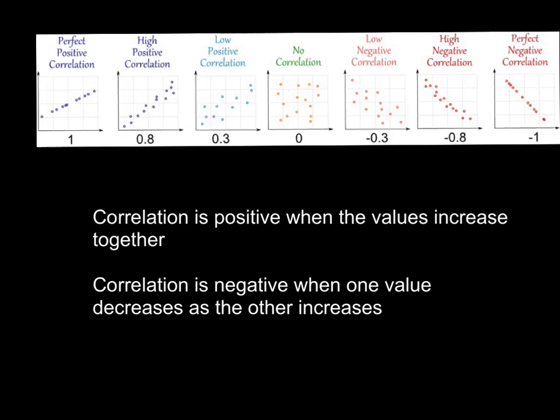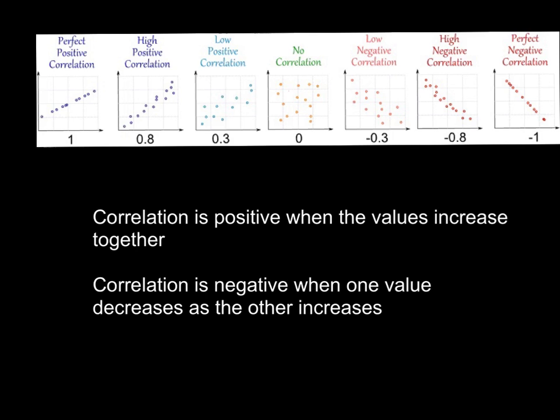All right, here's a visual display of correlation with positive and negative, so you can see what we're talking about, because we're talking about scatter plots, basically. So correlation is positive when the values increase together, as you see here. Even here, even though it's a poor or low positive correlation, it's still in there.